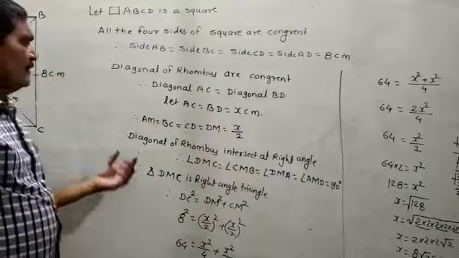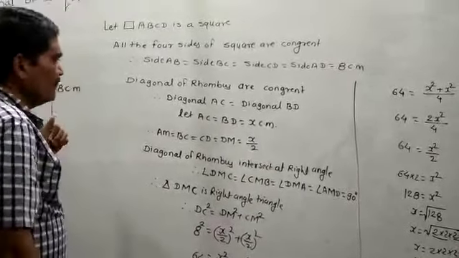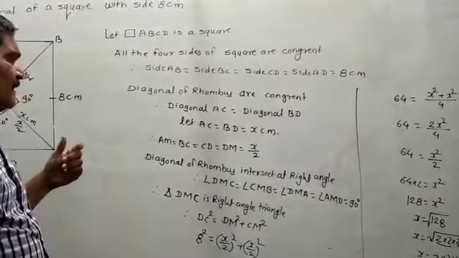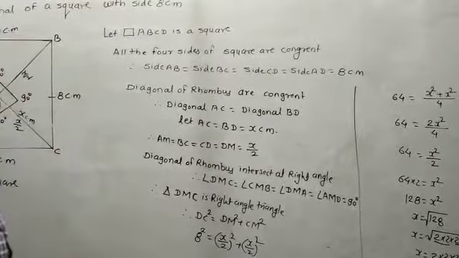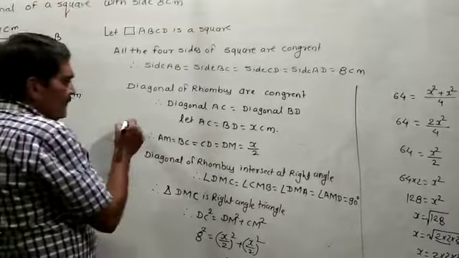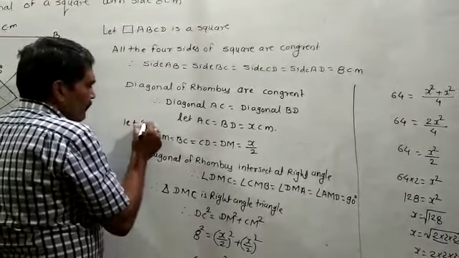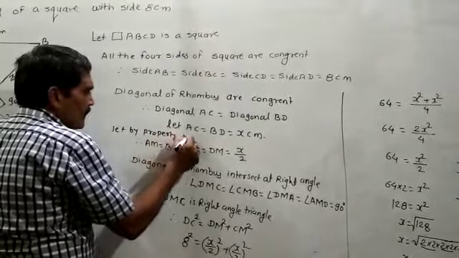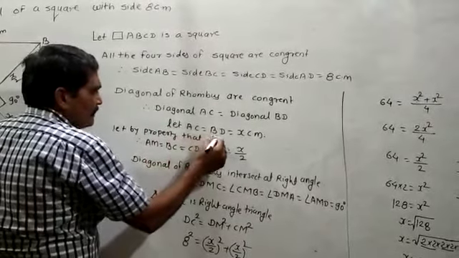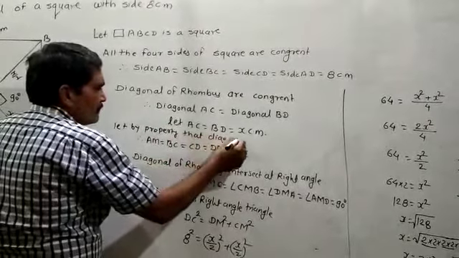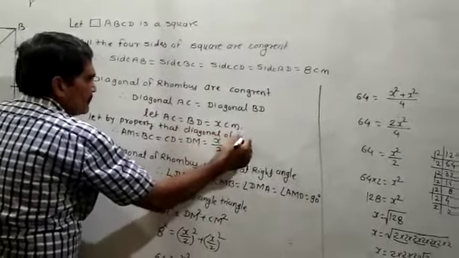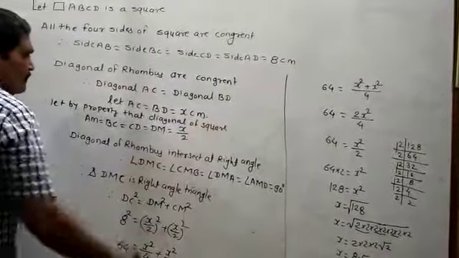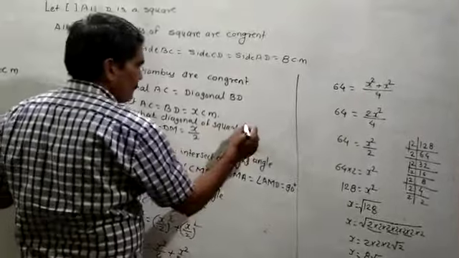Then I will say that the diagonals of the square bisect each other. By property, the diagonals of the square bisect each other.